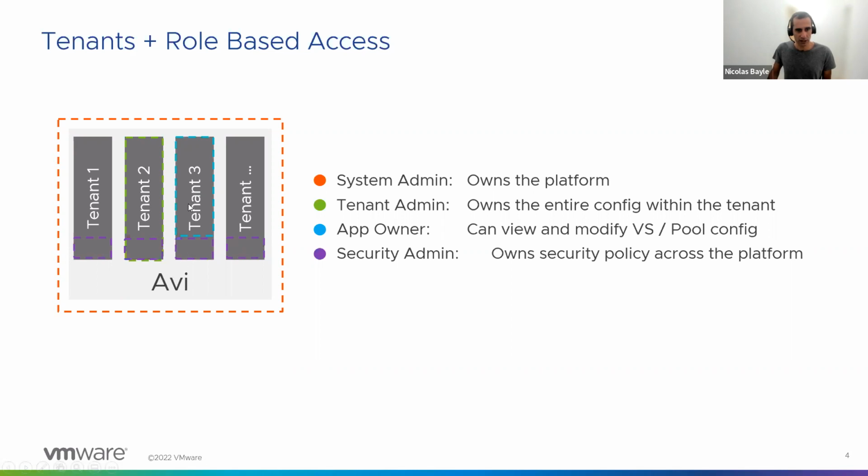And you can see the blue user here, he can see only stuff in tenant number 3, but not the full view. The green one, you can see, he can see everything, right? Because he is tenant admin. And by the way, you guys in the AVI controller Academy, you are tenant admin, right? So you can do everything inside your specific tenant.